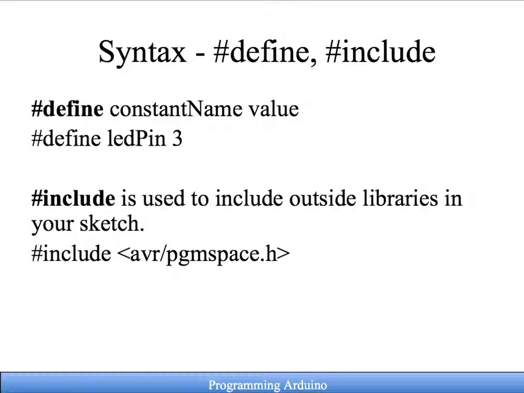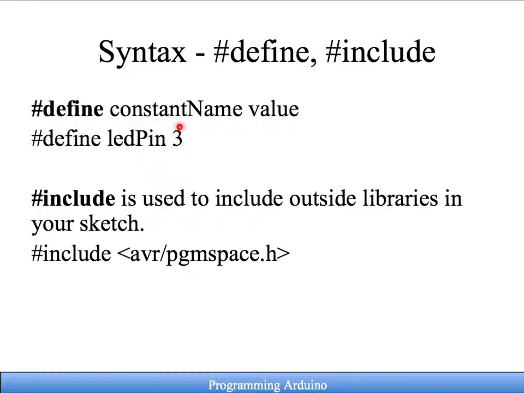The first syntax is sharp define and sharp include. The sharp define starts with the constant name and the value. For example, sharp define LED pin 3. It means that you declare the LED as pin number 3.